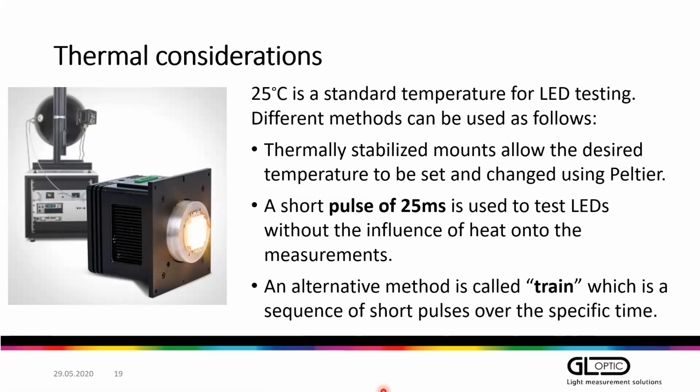And this is a method which is then allowing you to integrate the readings from the entire period of time and have the possibility to measure LEDs. Also, in this case, avoiding the problem with changing of the junction temperature.